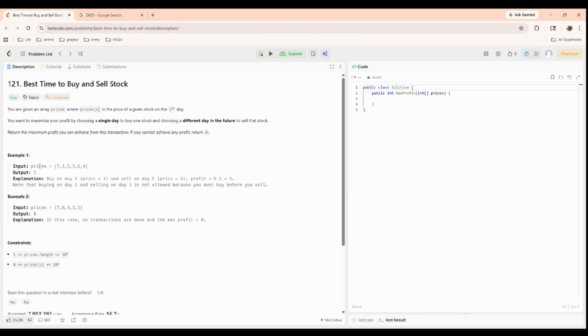Okay, prices: 7, 1, 5, 3, 6, 4. Output: 5. Explanation: buy on day 2 and sell on day 5.